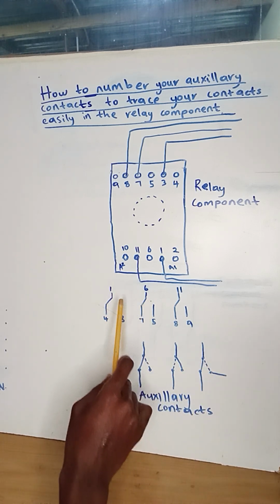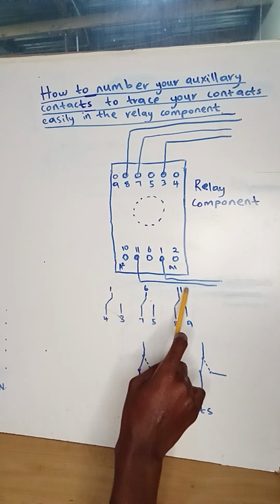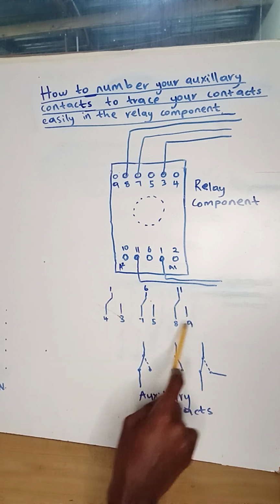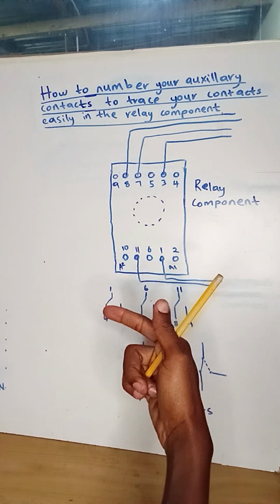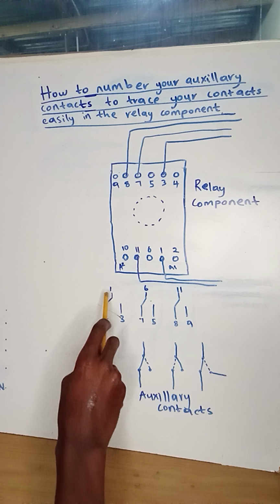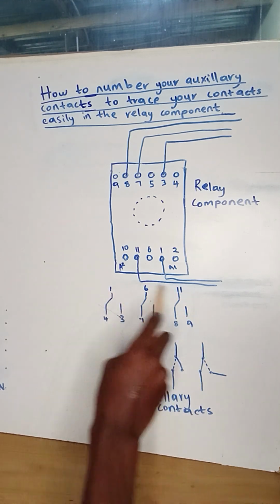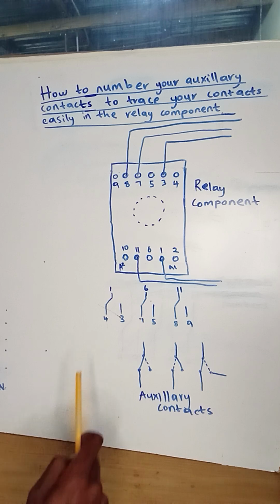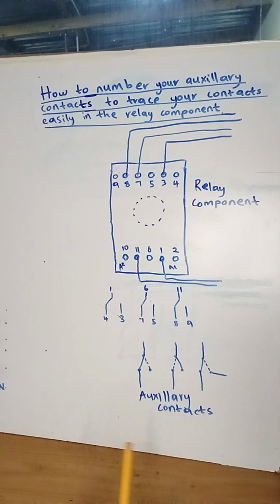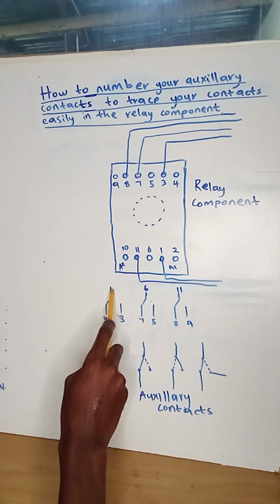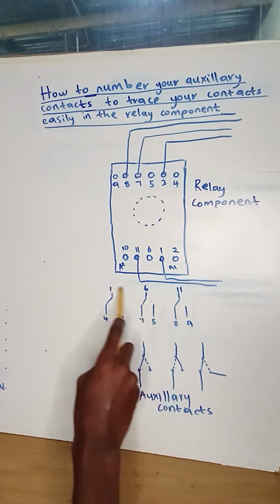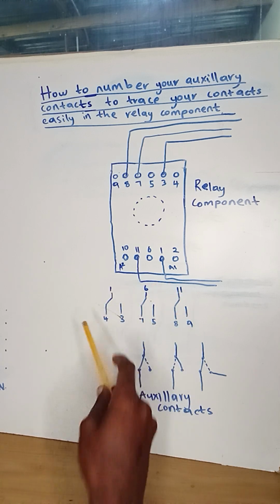So from the auxiliary contacts, when you are given the contacts like this, you will firstly come to the sketch of the relay, which is on top of the component of the relay. You will look at the sketch and firstly check your commons. Remember, your commons are numbers 1, 6, and 11. These three top numbers.